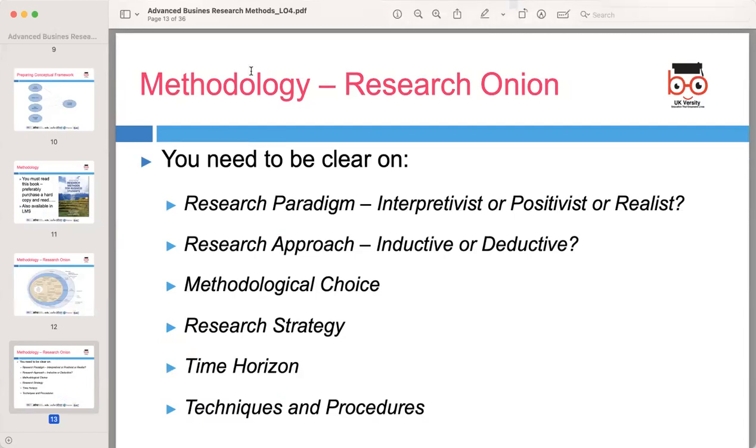Can you see my screen? Yeah. Okay. You need to be clear on research paradigm, interpretivist or positivist or realist, research approach, methodological choice, research strategy, time horizon, techniques, and procedures.